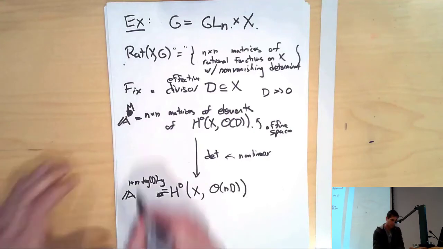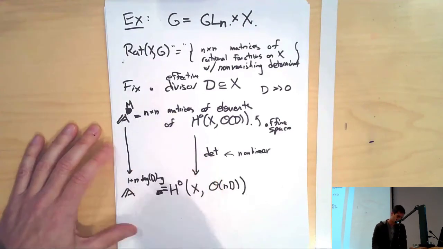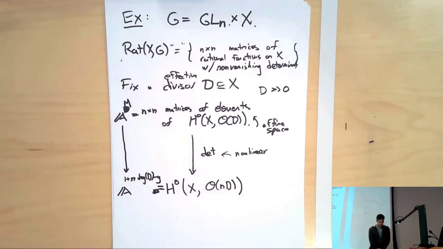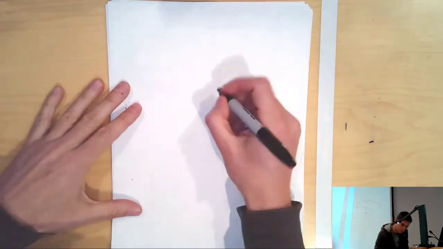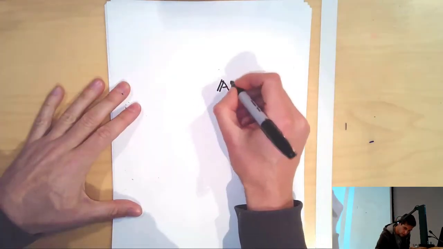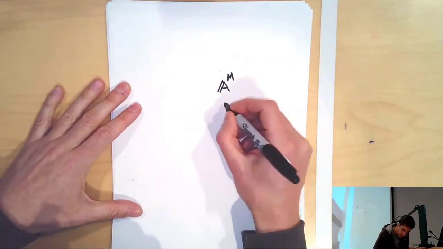And we have a map from this big affine space, whose dimension I don't care about, to this smaller affine space. What are we interested in? We're interested in the n by n matrices that don't go to zero in this smaller space. So let's consider this affine space of dimension m.